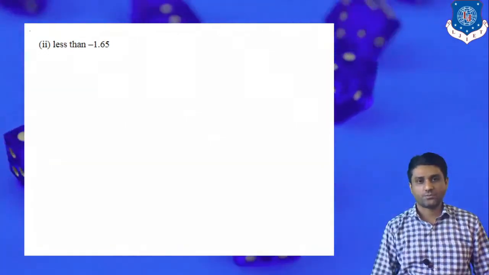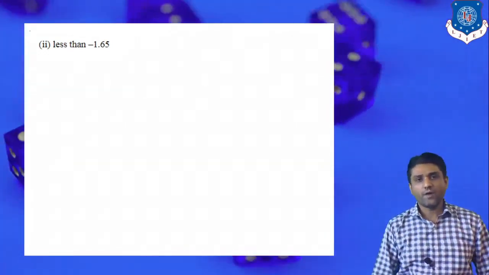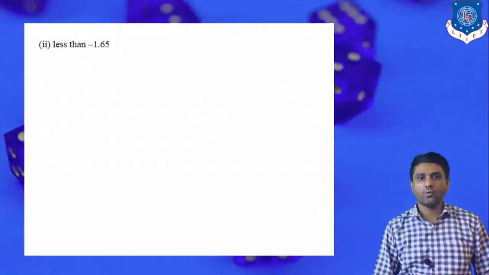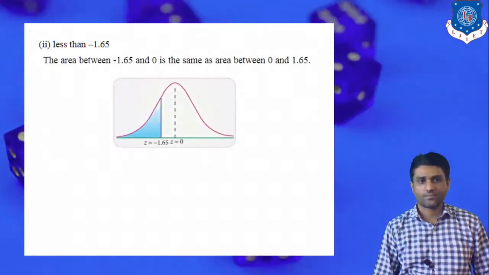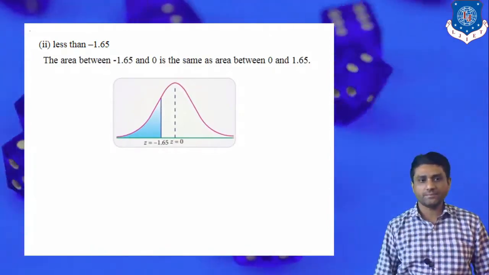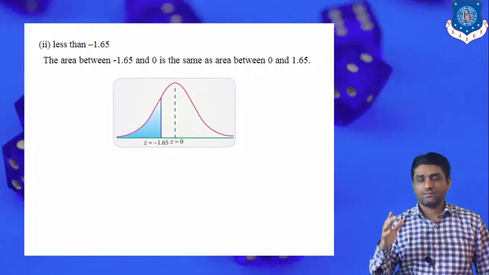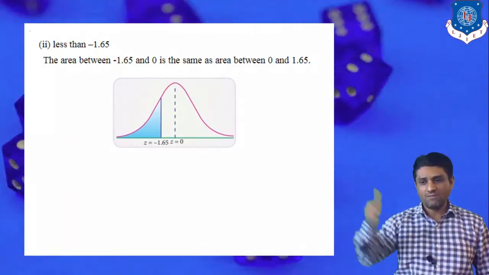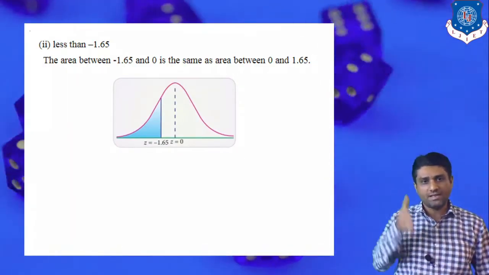Let's see the second option. Here we have to find the probability of z less than negative 1.65. So ultimately we have to find the area where z is less than negative 1.65. Somewhere here is z equal to 0, and here is z equal to negative 1.65.